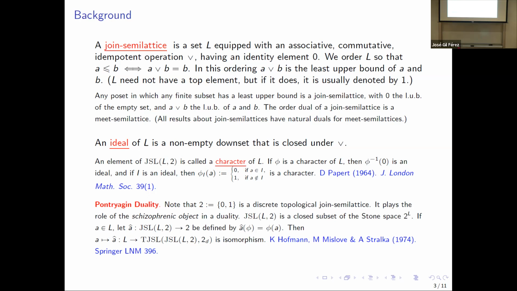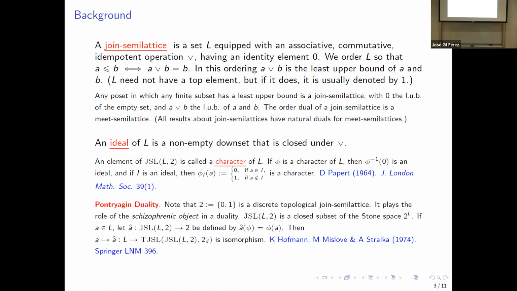The set of all join semilattice mappings from L to 2, L being a join semilattice, is a closed subset of the Stone space, because any mapping from L to 2 that fails to be a join semilattice map fails because of an example that gives you a neighborhood of that failure that doesn't intersect the Hom set.